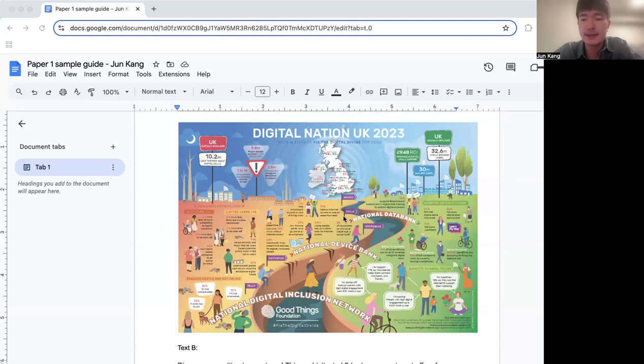Statistics like 1 in 14 households have no home internet access, 2.5 UK households struggle to afford fixed broadband. These statistics are quite bleak, but also these claims add logos, right?